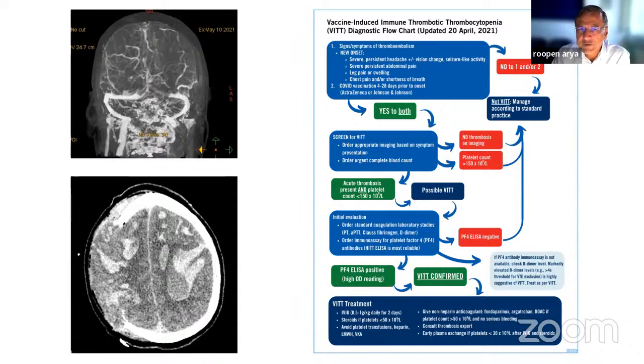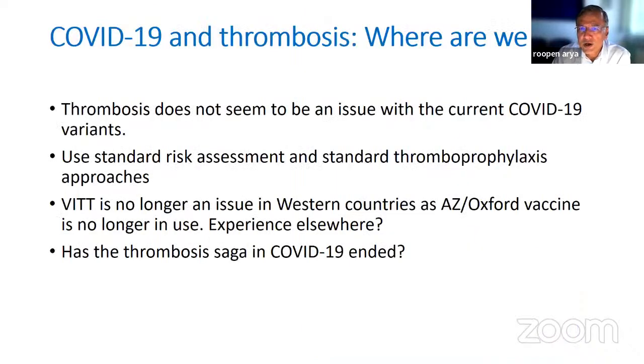Again, it's a very difficult tension because in population health terms, giving the vaccine is no doubt of benefit to the population, but at the cost of maybe adversely affecting 1 in 100,000 of the population. So where are we now? Thrombosis does not seem to be an issue with the current COVID-19 variants.